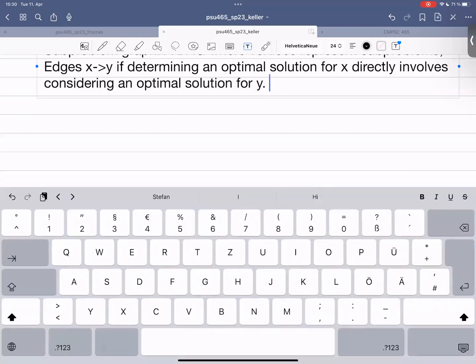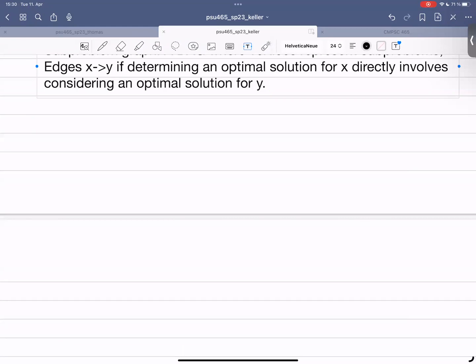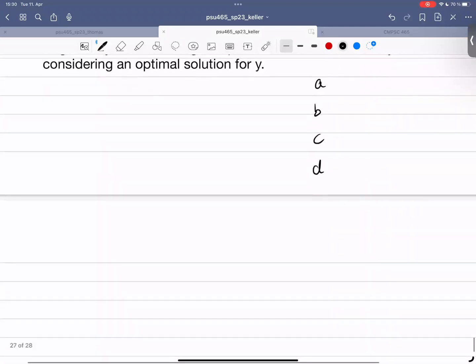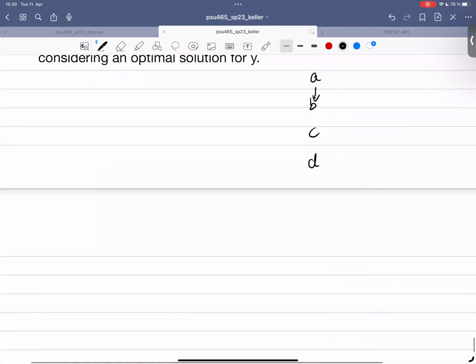So you would have, let's say, four subproblems, A, B, C, and D. And then we have arrows, for example, from A to B, indicating that in order to solve A, you first have to solve B. Same for B to C and C to D. On top of that, A might also depend on C and also on D, and B might also depend on D. We denote this dependency by these edges.